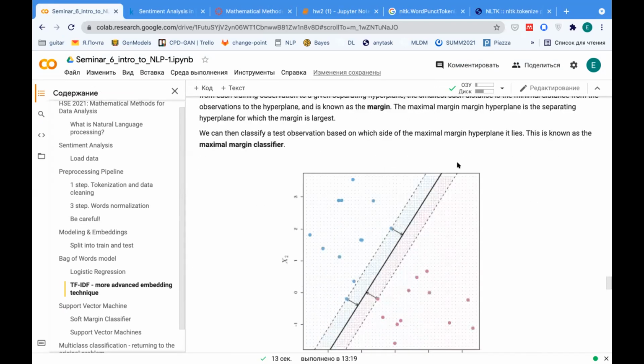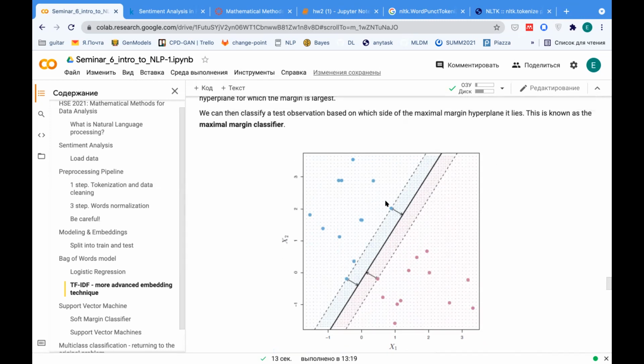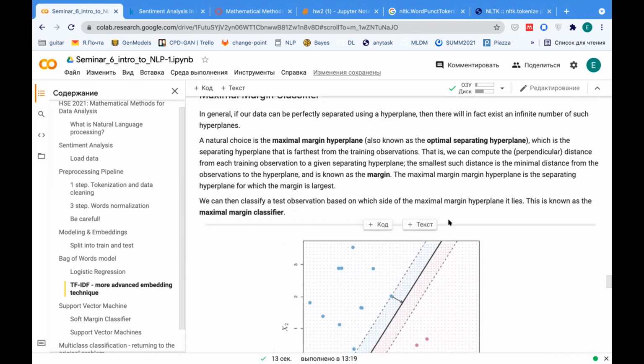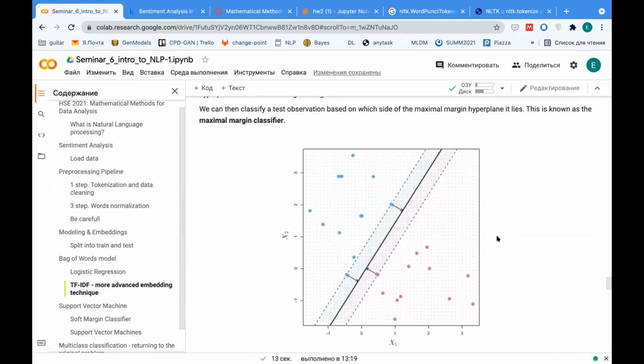In logistic regression, we split our data by some line. But we can also use a hyperplane if we have a multi-dimensional case. But also we can say that all our objects lie at some distance from our hyperplane.